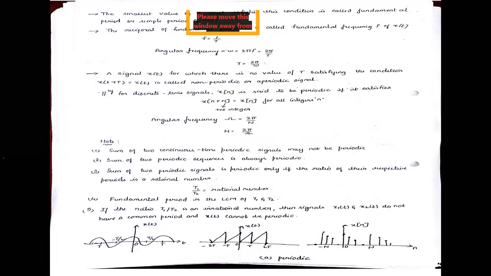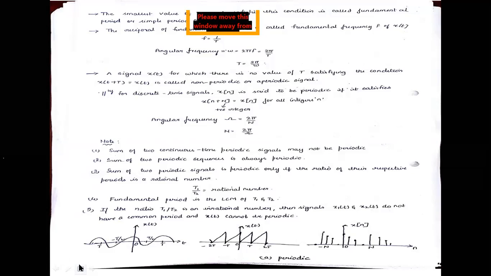It is the angular frequency omega. So omega is equal to 2 pi f, which is equal to 2 pi by T. Cross multiplying, T is equal to 2 pi by omega. We already had this equation. So that is a full cycle.